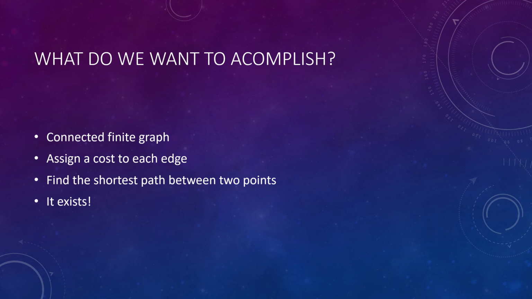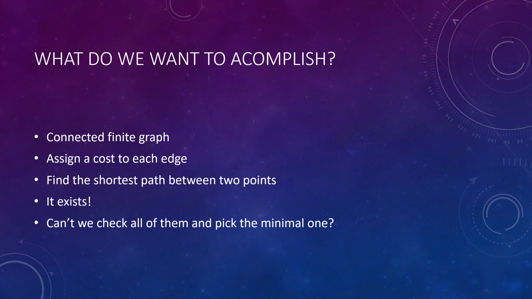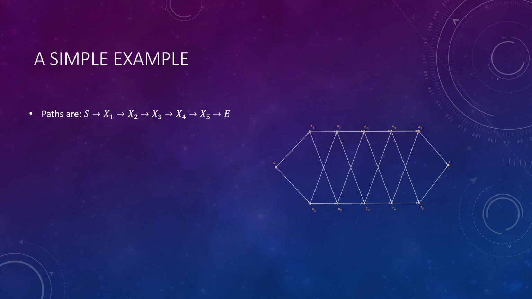So first observation, it exists because there is a finite number of paths, so we can just take the minimal one. But in practice, can we do this? I mean, can we look at all the paths and compare them and take the minimal one? Maybe not. So let's look at a simple example, such as this graph in the picture, where you have a start point, an end point, and then there are 2 rows, one at the top, one at the bottom.